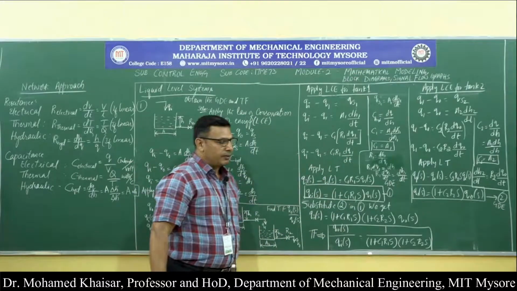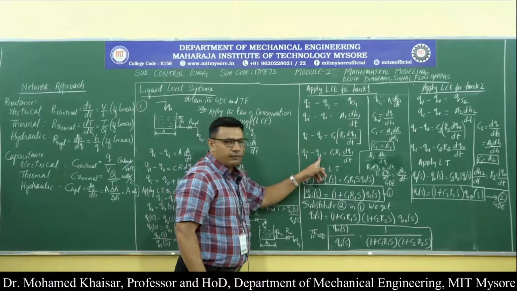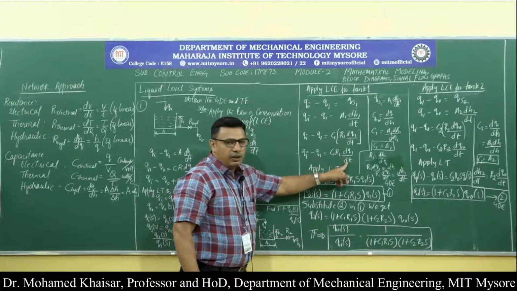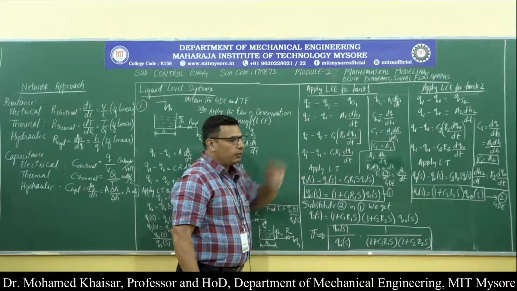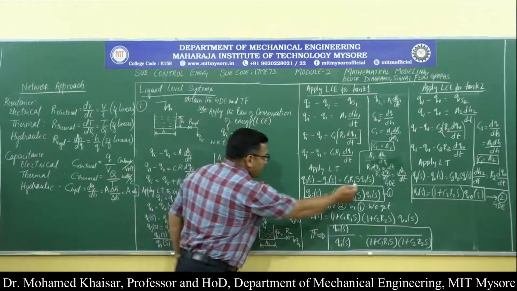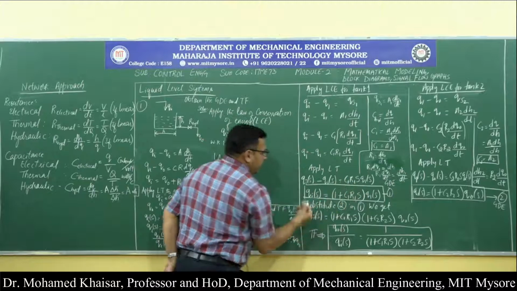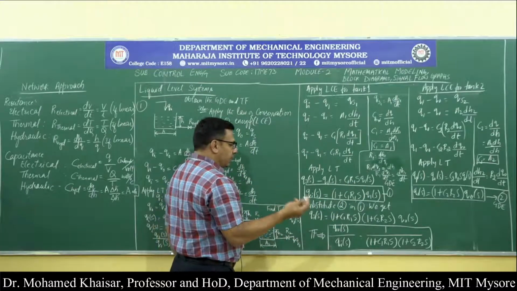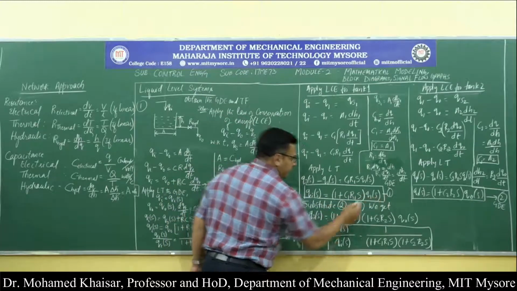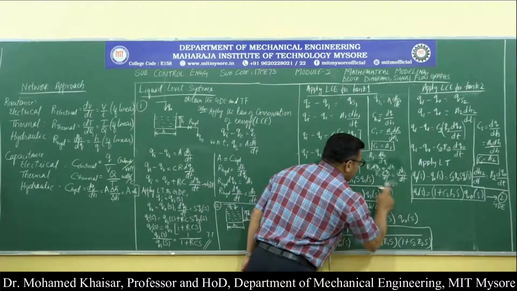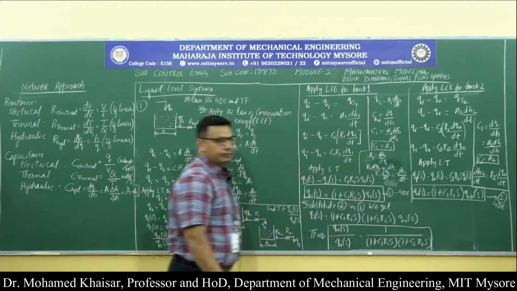Apply Laplace transformation: Qi becomes Qi of S, Q1 becomes Q1 of S, and d by dt is replaced by S, so S into Q1 of S. That is what we have done over here. Then, by taking all Qi terms on one side and Q1 terms on the other side, we arrive at this equation. This is the governing differential equation for tank 1.